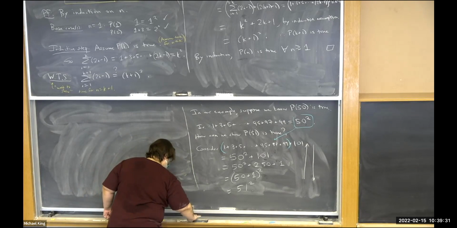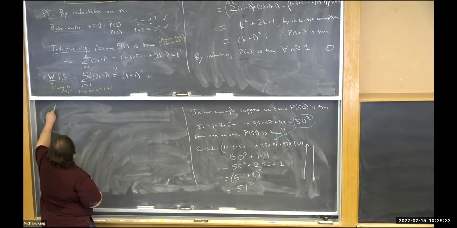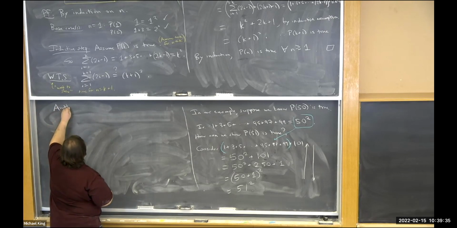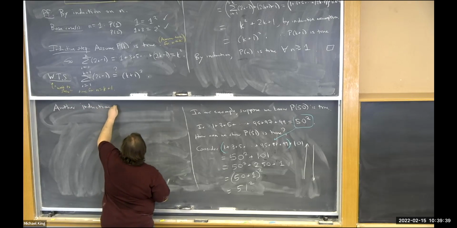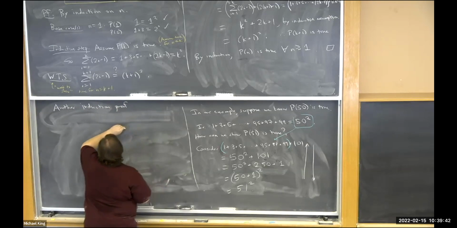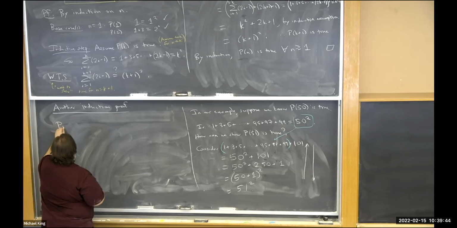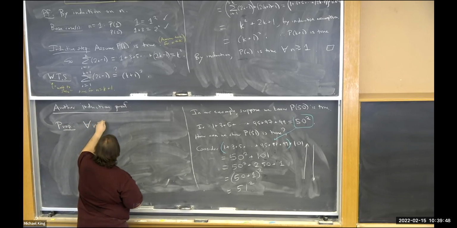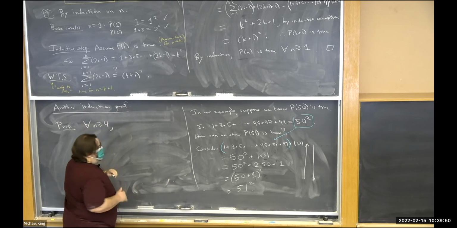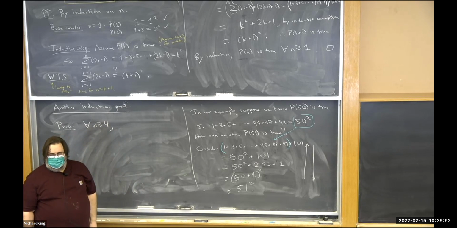Let's do another induction proof, just to see if we can get the hang of this. So proposition: for all n greater than or equal to 4, I want to compare n factorial to 2 to the n.